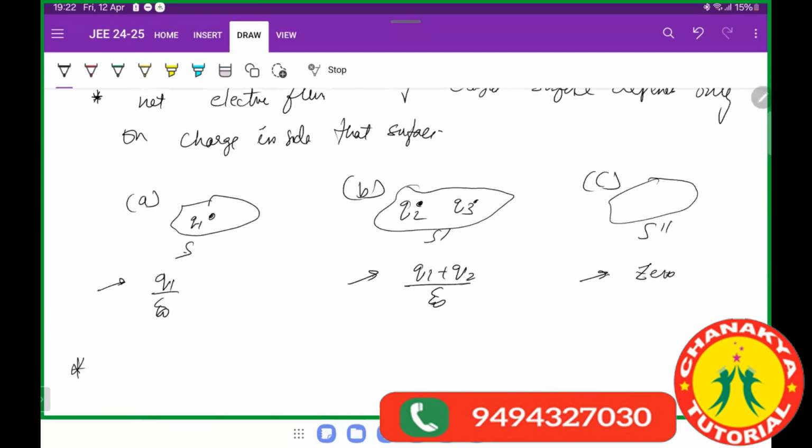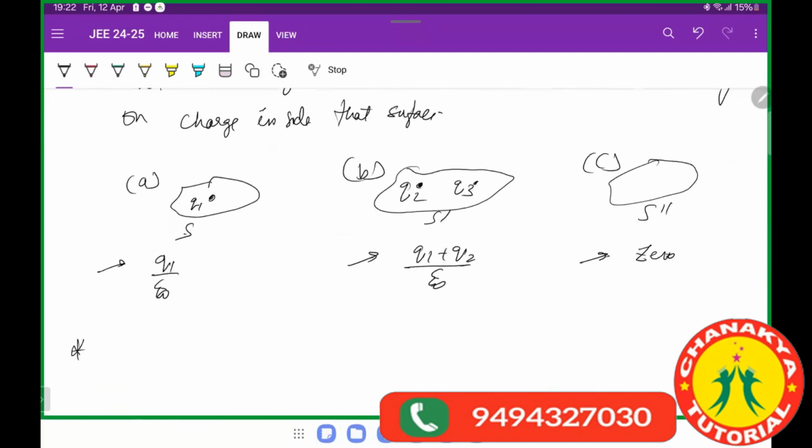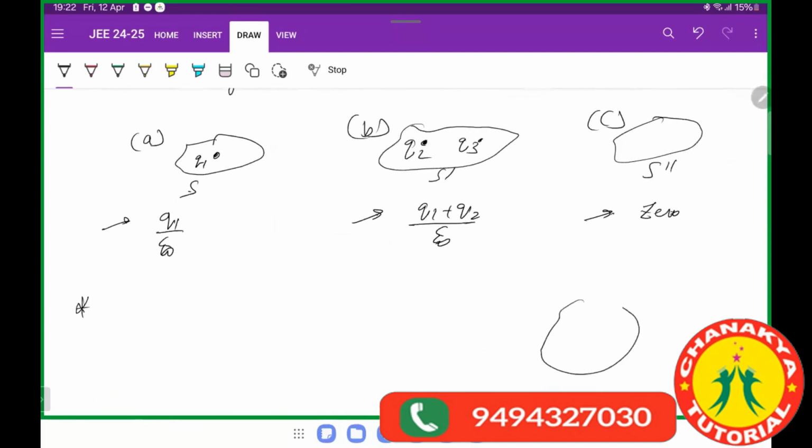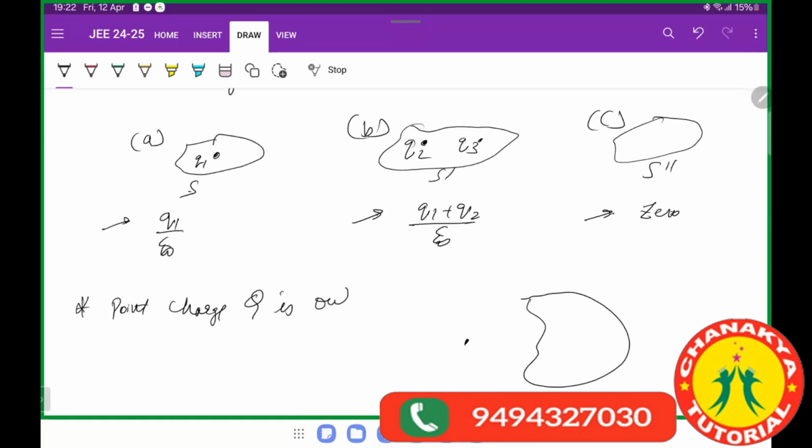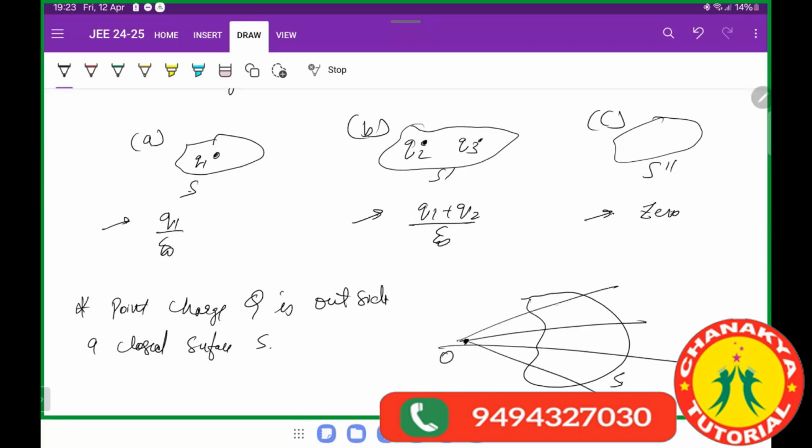Next point to remember: if a point charge Q is outside a closed surface S, these are the electric field lines.